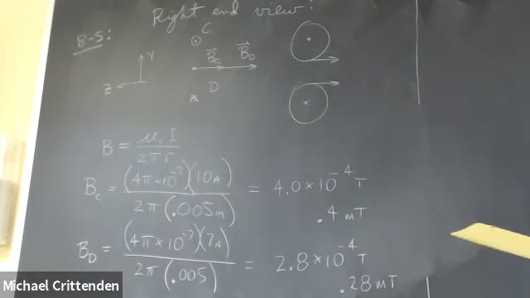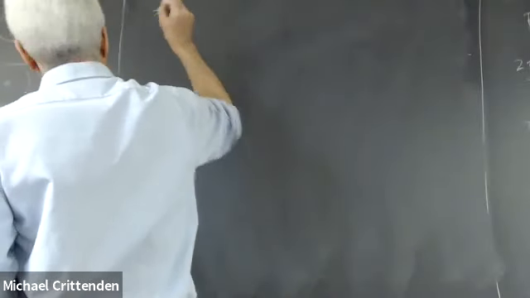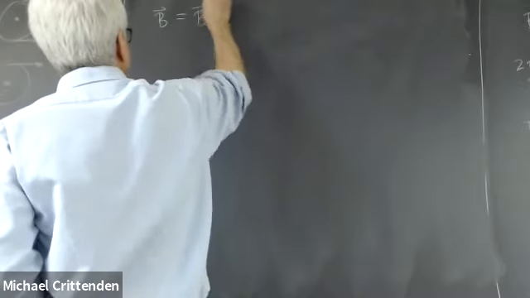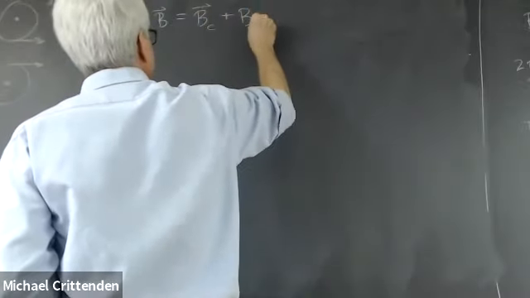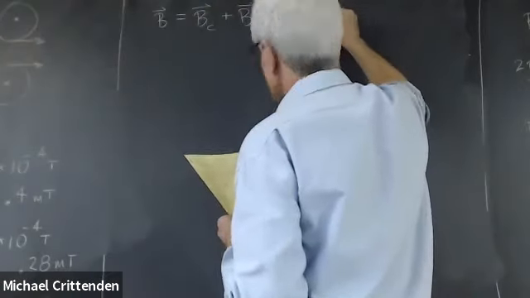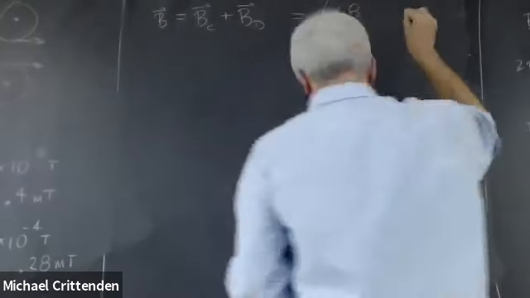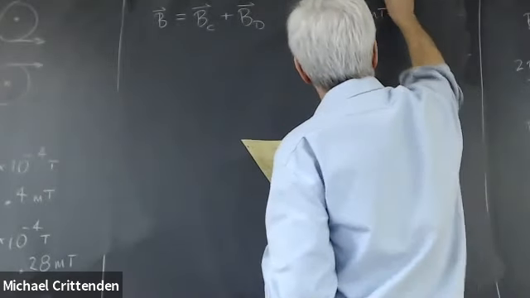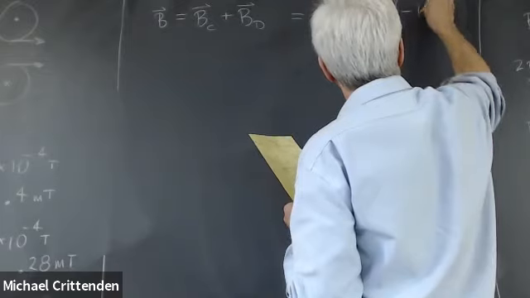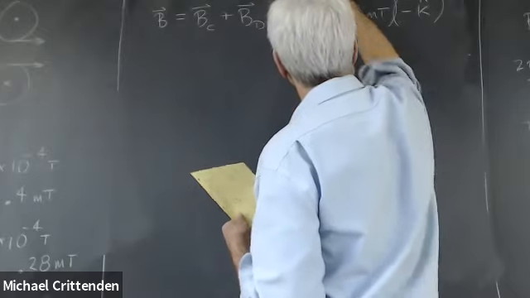Well, they both point in the same direction, so that's just adding them. 0.28 plus 0.4, 0.68 of a millitesla in the negative K direction. And that's the answer.